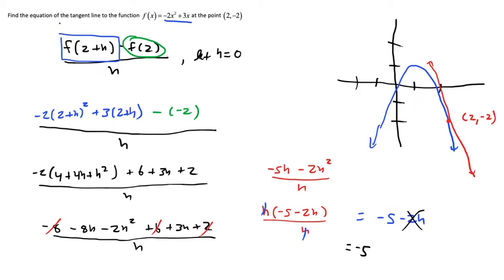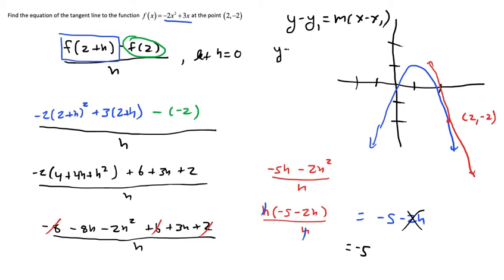Now we want to find the equation of this line. In that case, this just goes back to our Math 96 days. We just use the point-slope formula, y minus y1 equals m times x minus x1. We know the slope, which we just found, which is negative 5. We know the point, which is 2 comma negative 2. Let's just go ahead and plug everything in.